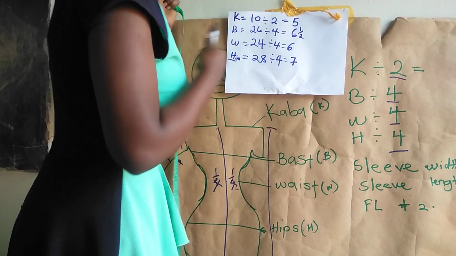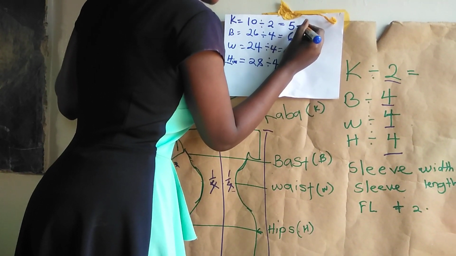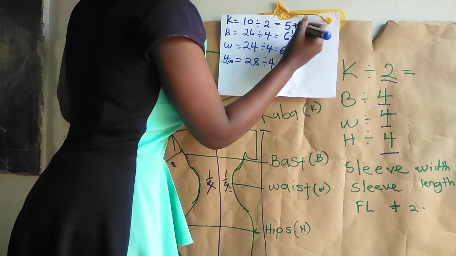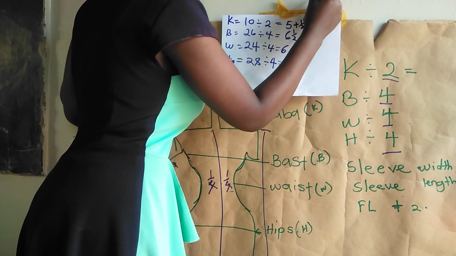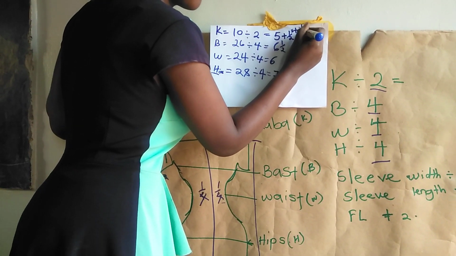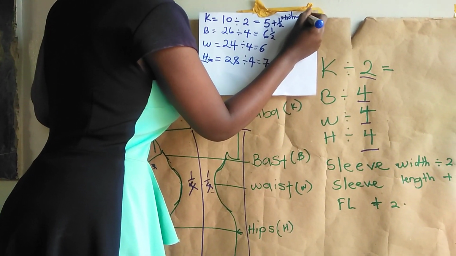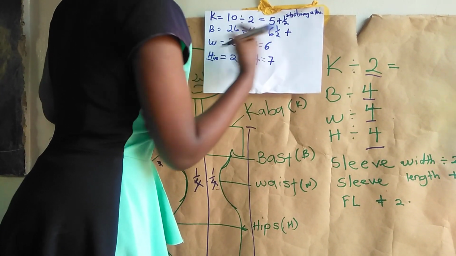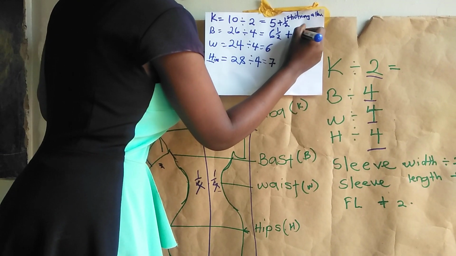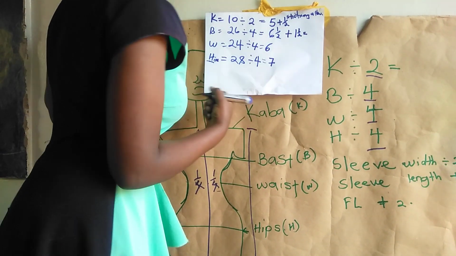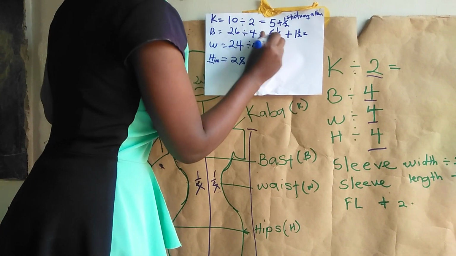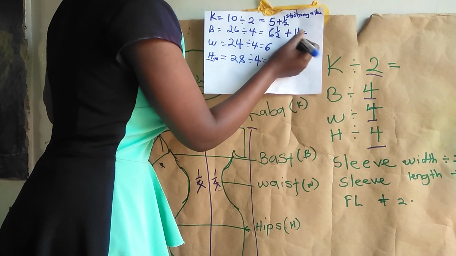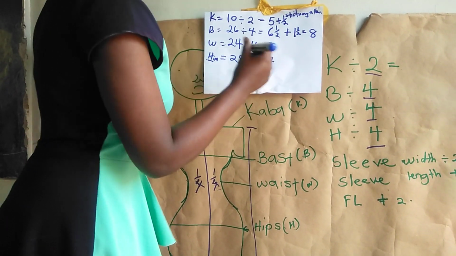So we are adding plus. For the cover we add plus a half. This is stitching allowance. For the bust, we add plus 1.5 to make it 6 plus 1.5, which is 8.